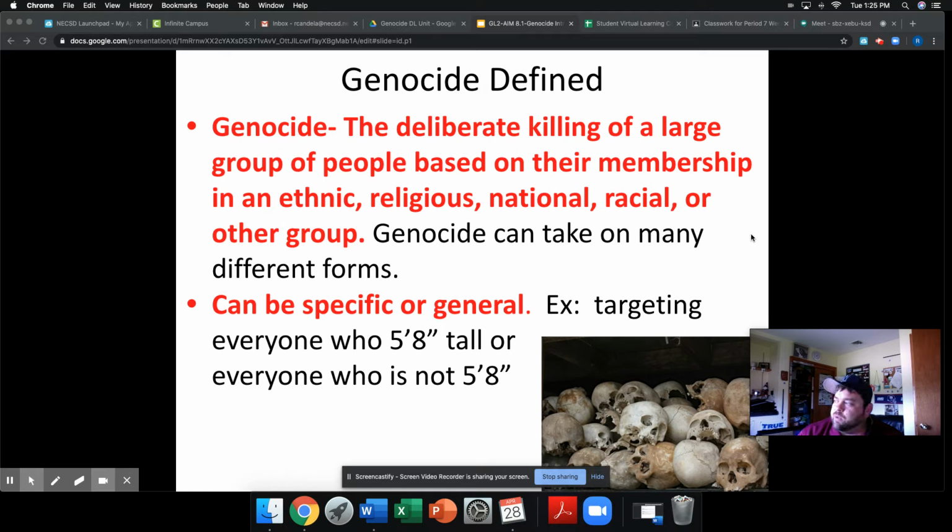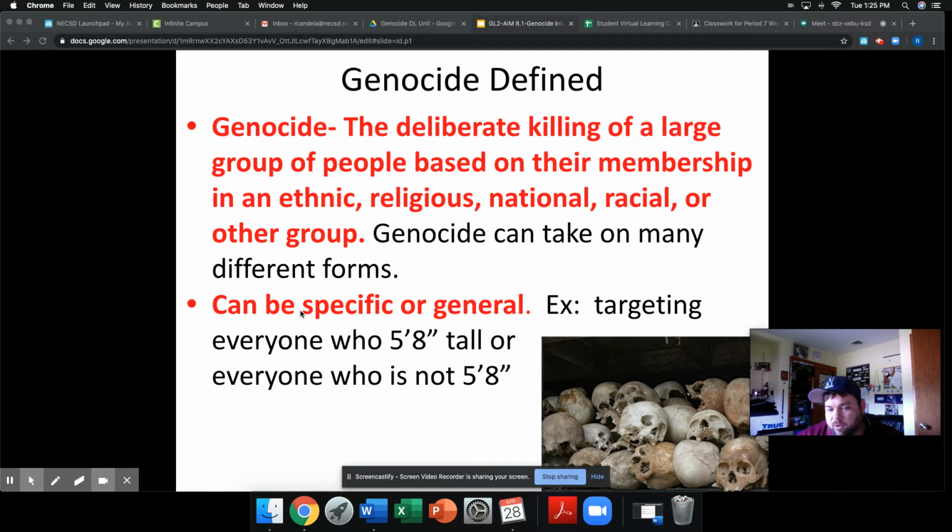So everyone who is not Christian, everyone who is not Muslim, everyone who is not Hutu or Tutsi in the case of Rwanda, or everyone who is not super hardcore communist, like in Cambodia. So that's the important thing to understand. It's not necessarily that people belong to a particular group, but sometimes people are targeted because they don't belong to another group, which in and of itself puts them in a group.